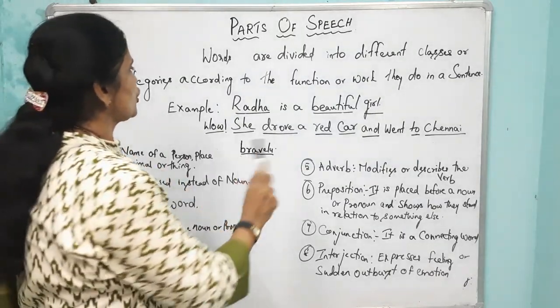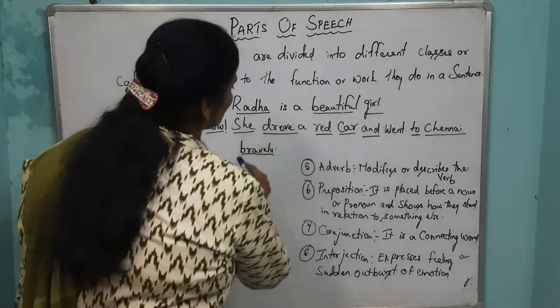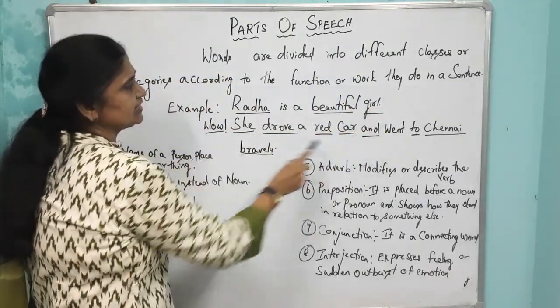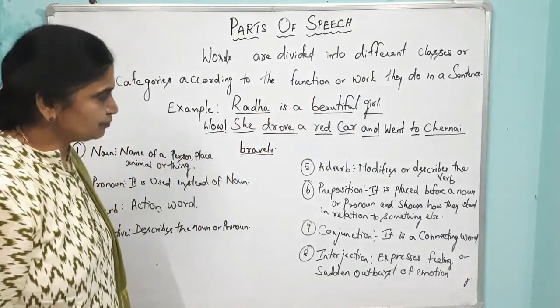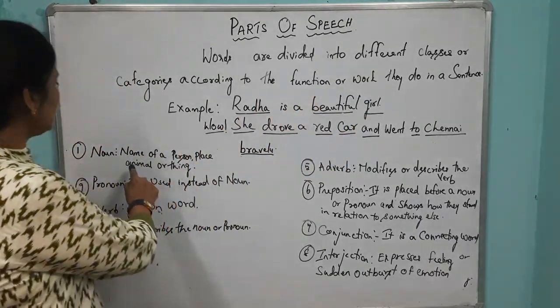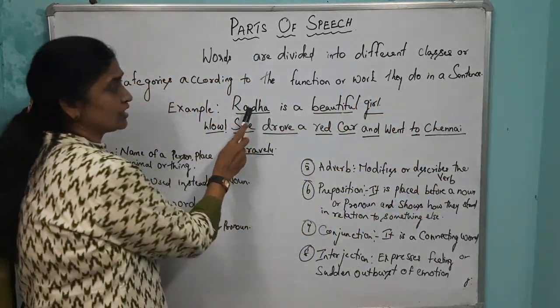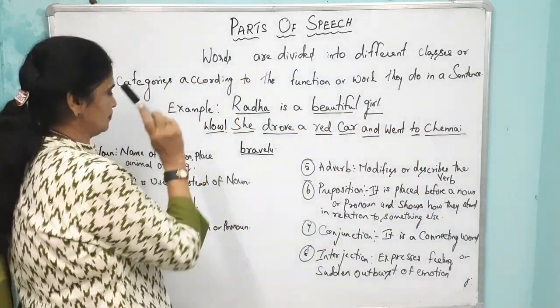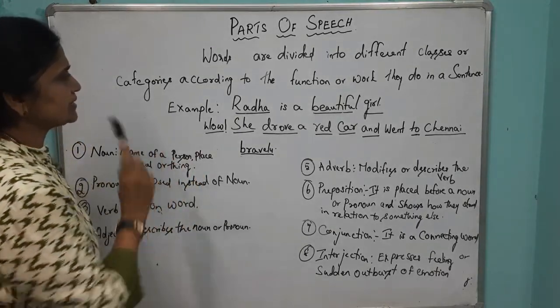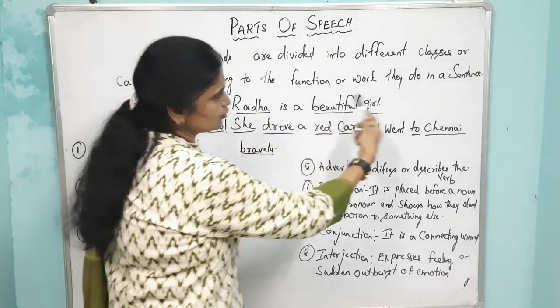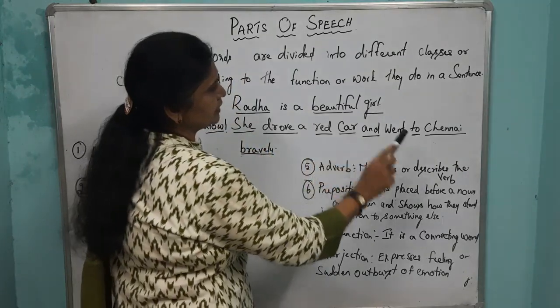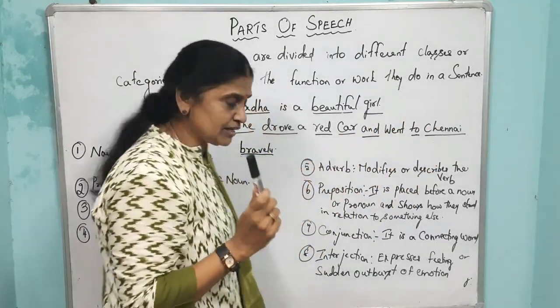Now, I give you a short exercise. I have given you two sentences. Identify the nouns in the sentences. What did I say? Name of a person. Where is the name of a person? Very good, Radha. So, this is a noun. Then I told you place. Do you find any place in these two sentences? Yes, Chennai. That's a place.